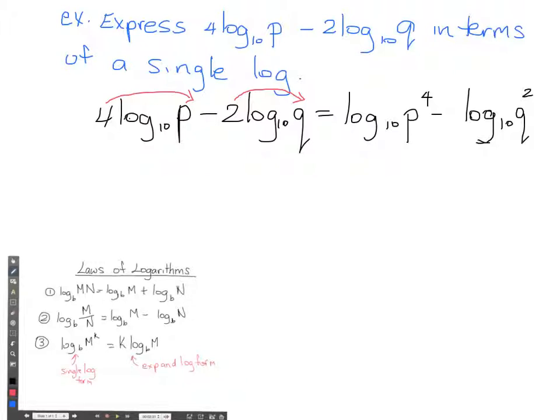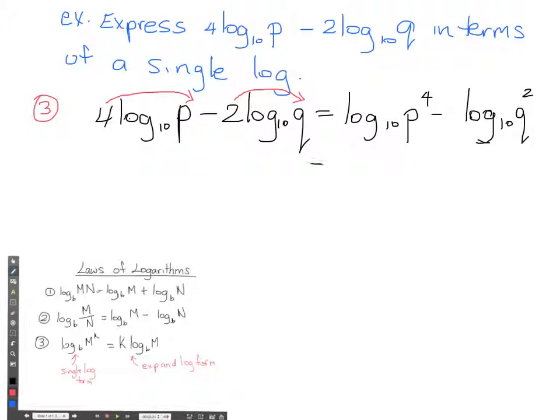All right. So now we're getting closer. We just used our third law. So let me just put a little note here. We just used our third law, and now, in order to get closer to our single form, we need to recognize that here we're doing a subtraction, which means that we're going to have to use our second law, and again we're working backwards, so our subtraction turns to division.